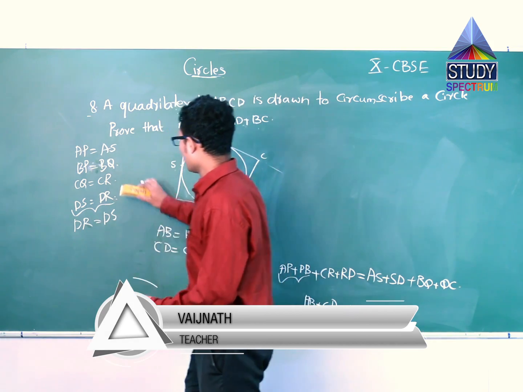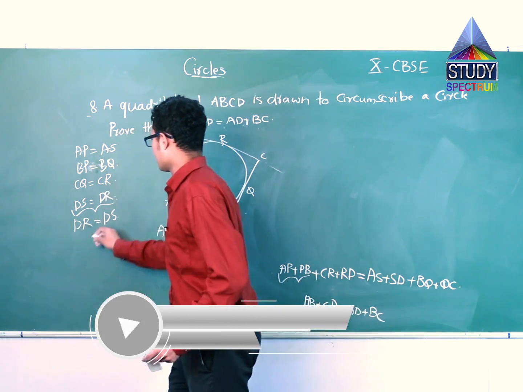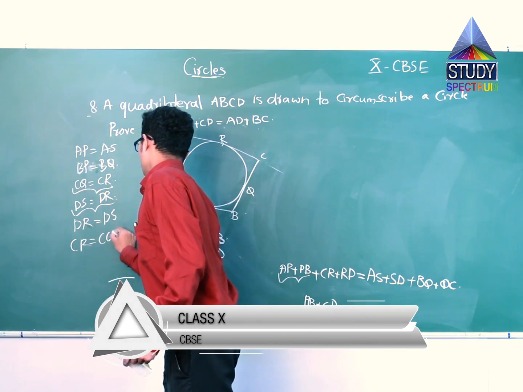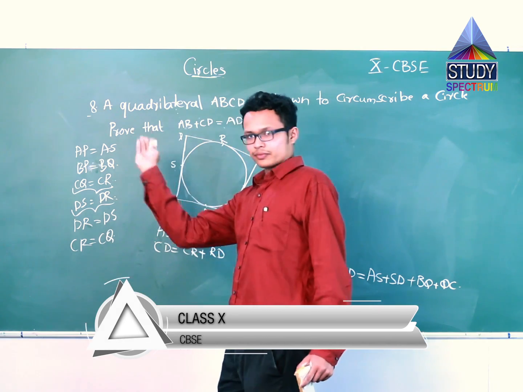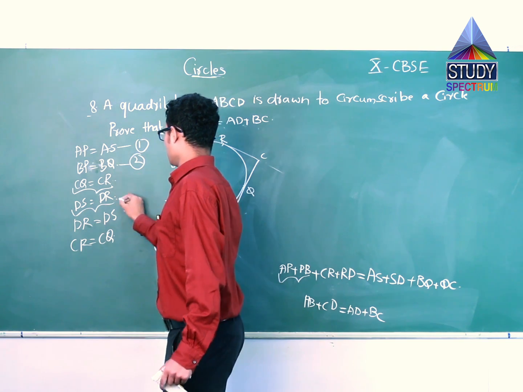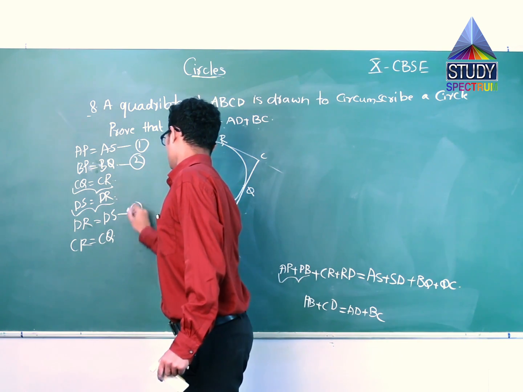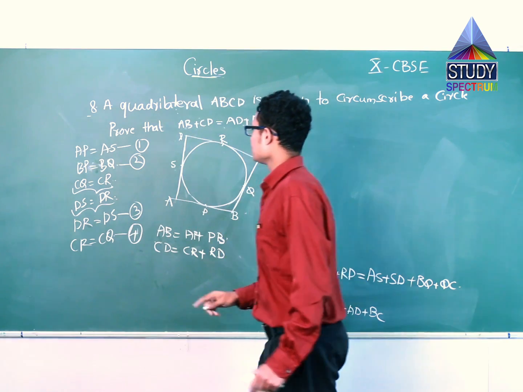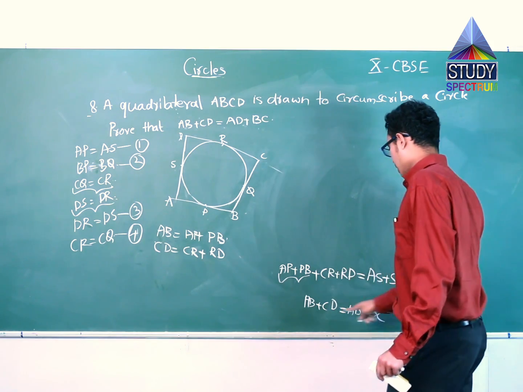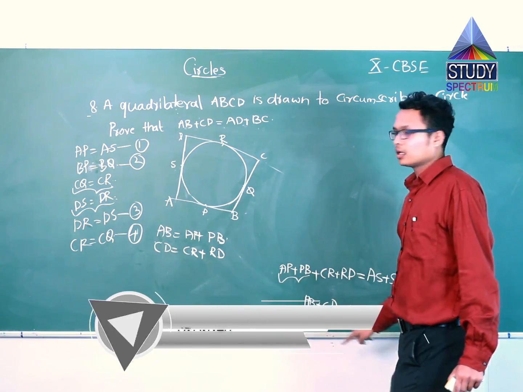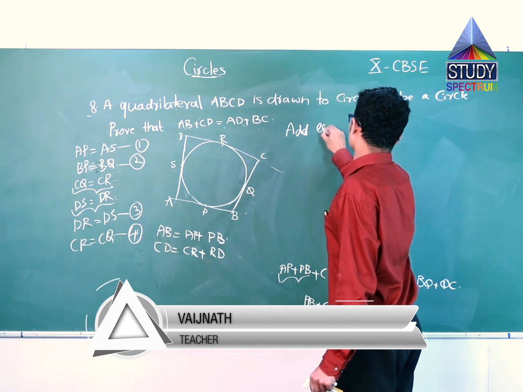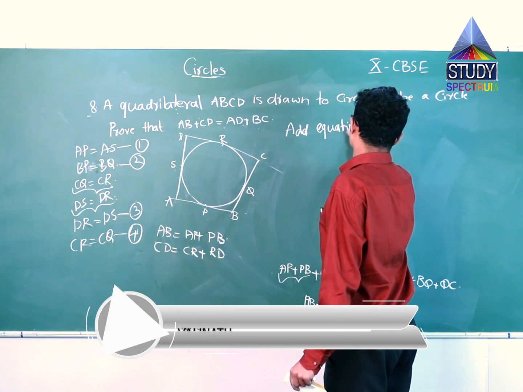So I also write this equation as CR is equal to CQ. I've just reversed it. It means one and the same. So you have equation 1, equation 2, and then equation 3, equation 4. Now adding equations 1 to 4, you get this equation, and you straight away have this.